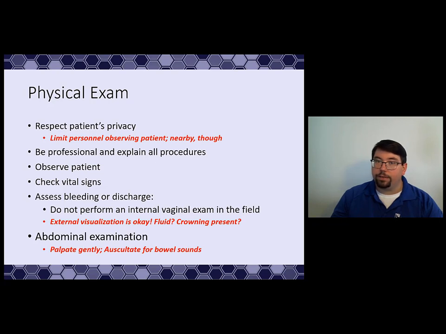In this case, is there any excessive fluid or bleeding, or is there any type of crowning that might be present? As far as the abdominal examination goes, gently palpate, assess for any masses or distension, pain on palpation, rigidity or tenderness, and then listen for bowel sounds, hyper or hypoactive bowel sounds as well.